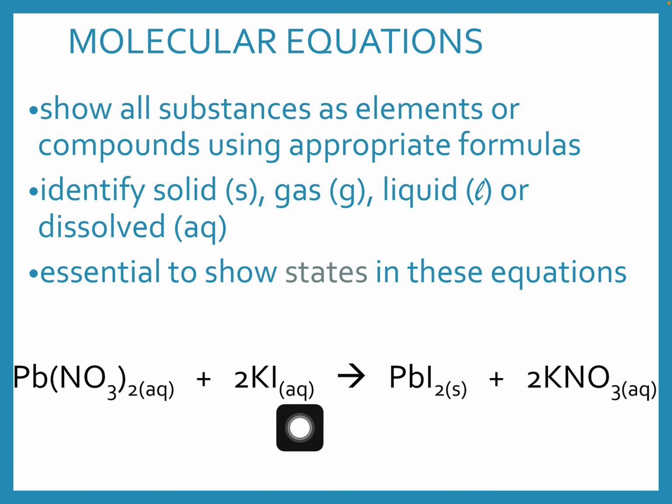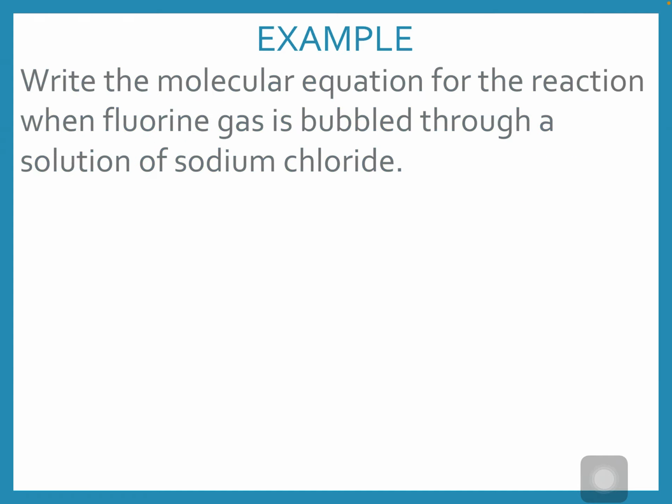We found everything with the exception of lead 2 iodide to be highly soluble, and so those are all aq. Lead 2 iodide was the one exception, and so that one was solid. So this is where we use them, and then we'll take a look in our next lesson at net ionic equations and where we go from here. For now, though, we'll write the full molecular equation with the states.